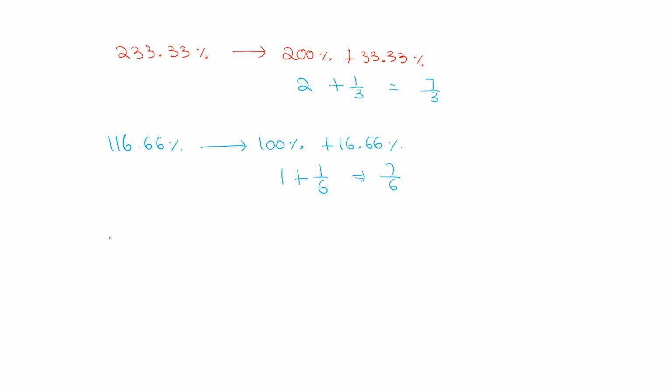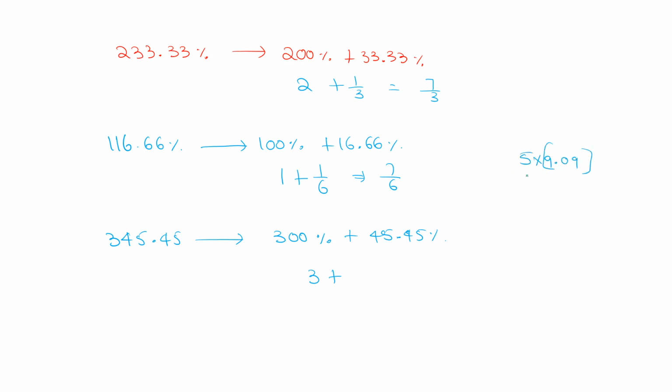116.66%. If we need to convert 345.45% into a fraction, split it as 300% plus 45.45%. For 300% we can take it as 3. For 45.45%, this is nothing but 5 times of 9.09.